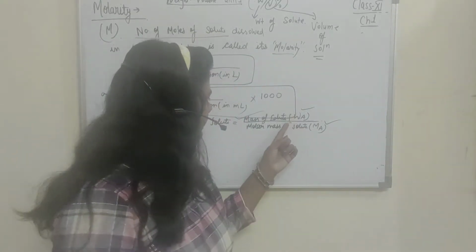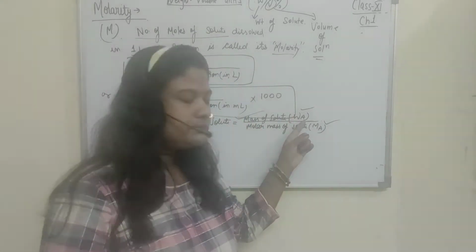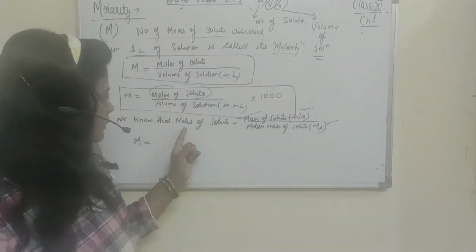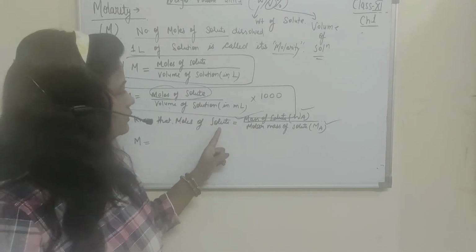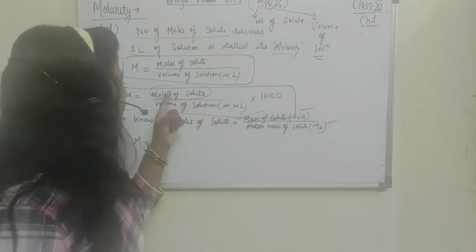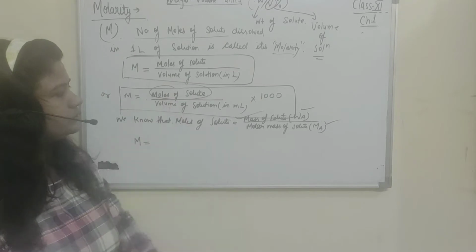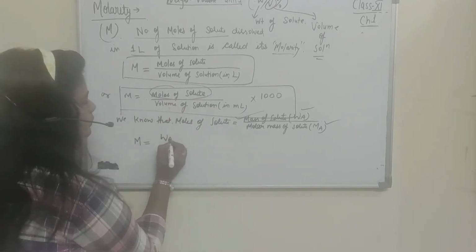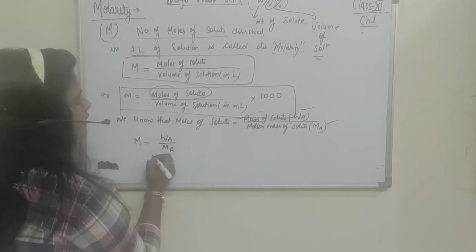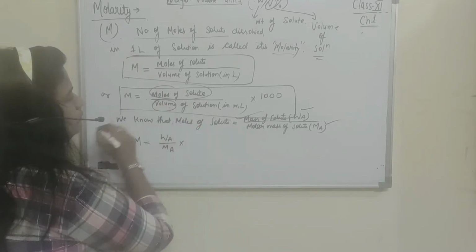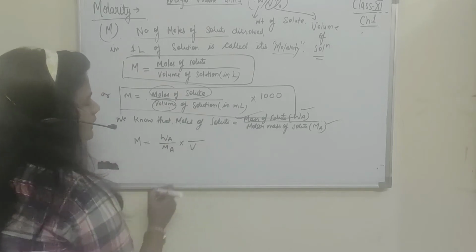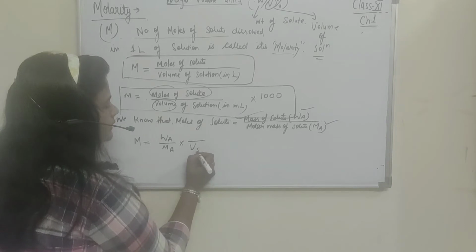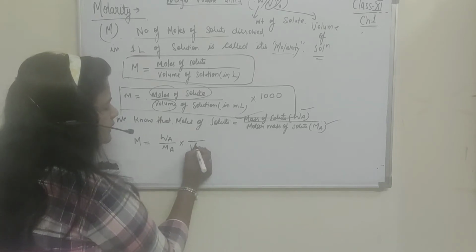Correct? Here moles of solute is represented by WA upon molar mass of solute, capital MA, and we will substitute this value in place of moles of solute. Okay, so capital M will be equal to WA upon capital MA multiplied by volume. In place of volume, we will express it by capital V in liter of solution, VSOL.